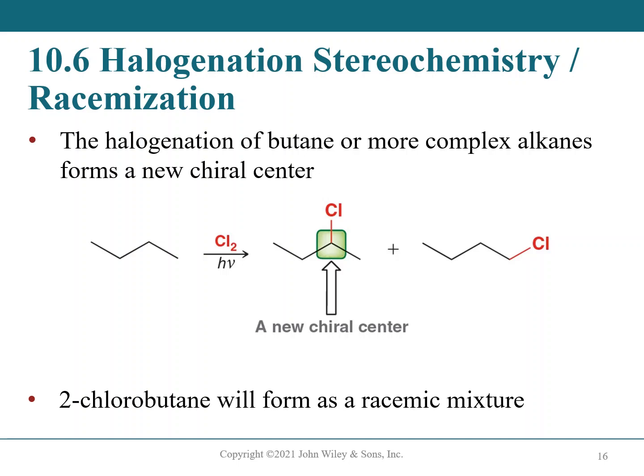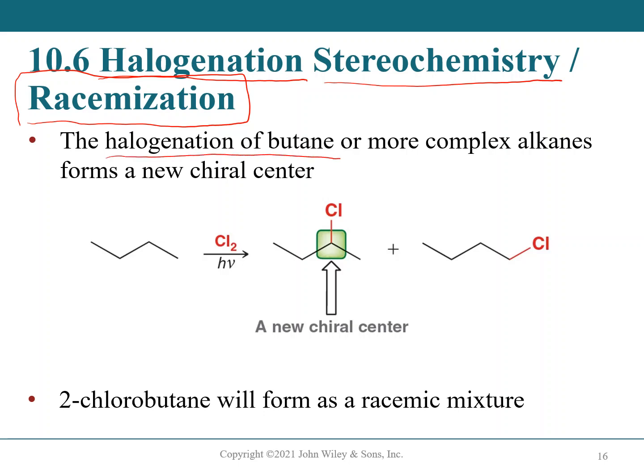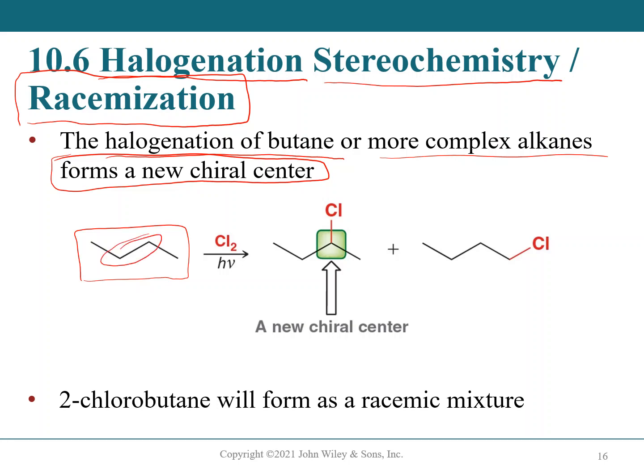So when we think about how useful halogenation reactions are, we need to think about stereochemistry. What does the product look like? One of the unfortunate artifacts that occurs in halogenation reactions via a radical mechanism is racemization. When we have the halogenation of butane or anything more complex, we're usually going to form a new chiral center. If we look at the chlorination of butane here, we have these two secondary carbon atoms.